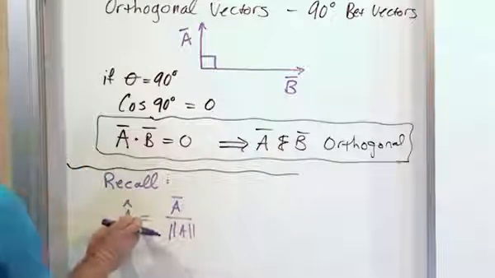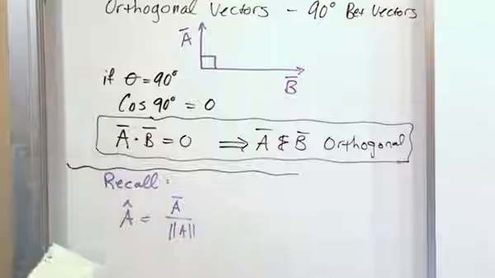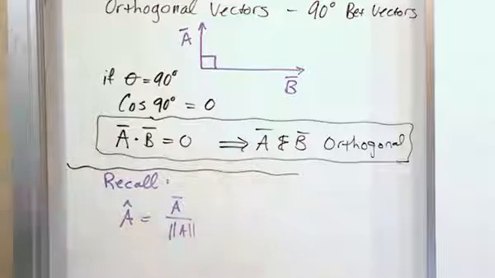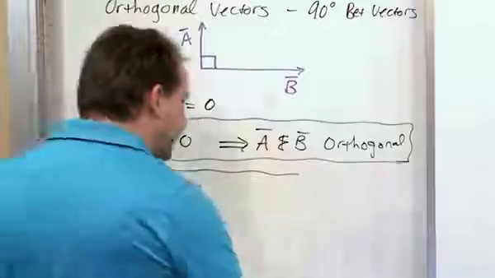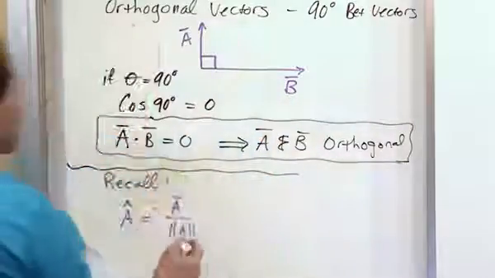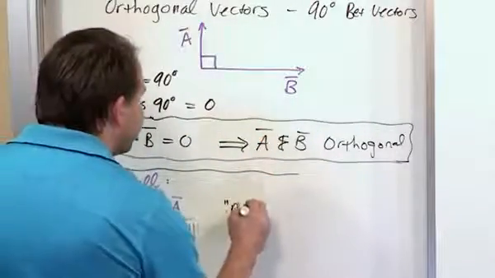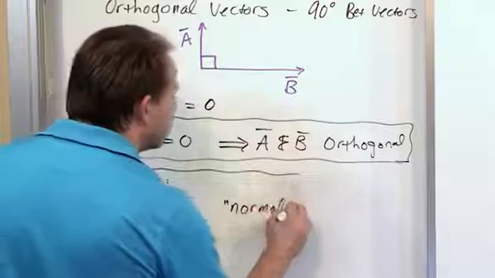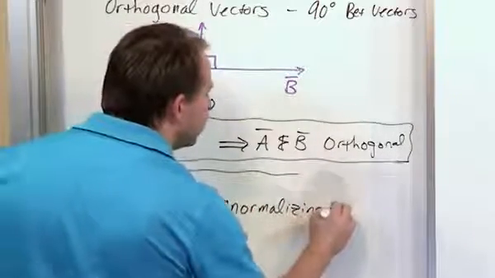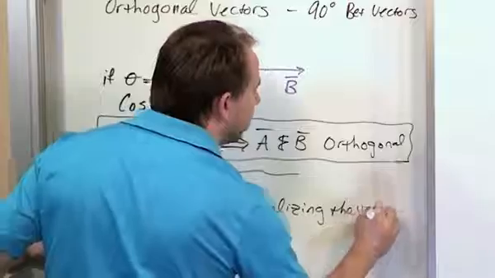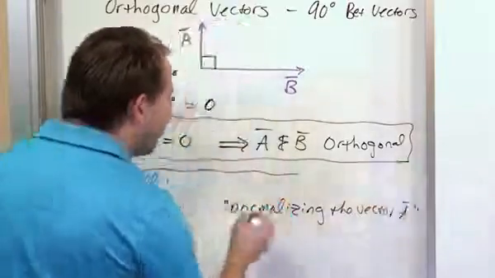This is finding a unit vector in the A direction. Now, another way of saying what we're doing here is we are normalizing the vector A. That's another way of saying the same thing.